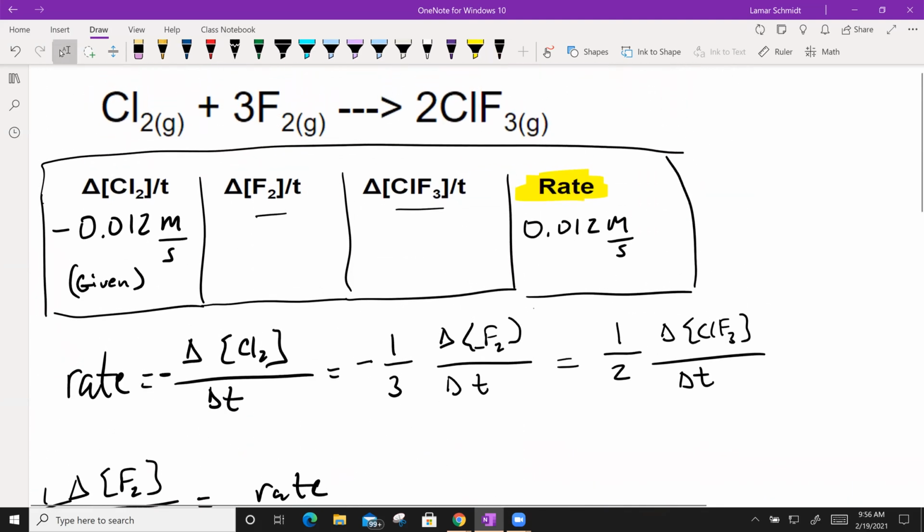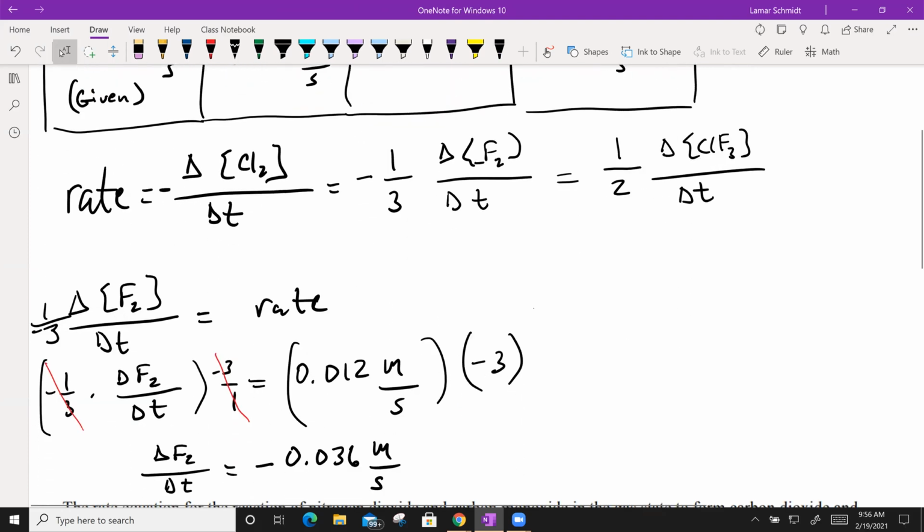Well, is F2 a reactant? Yes, it should be negative. So it's negative 0.036 molar per second. You say, well, that doesn't look like they have the same rate. Well, they do. They have the exact same rate.